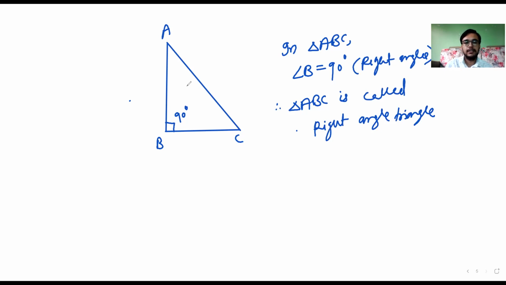In this triangle, the side opposite to the right angle is called the hypotenuse. The side opposite to 90 degrees is called the hypotenuse.